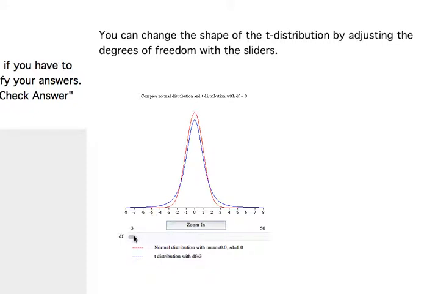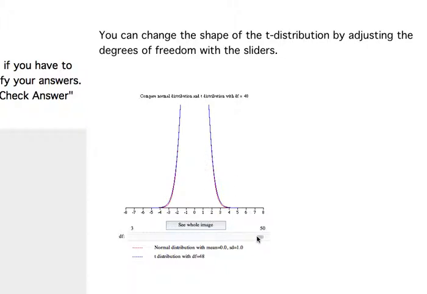As I make the sample size larger and larger, I'm moving the slider. You can see down here, it says that the DF is 15. As I change the slider, it's growing, growing, growing. These two curves look essentially the same. So as the sample size gets larger, the student's t distribution looks more and more like a normal distribution.